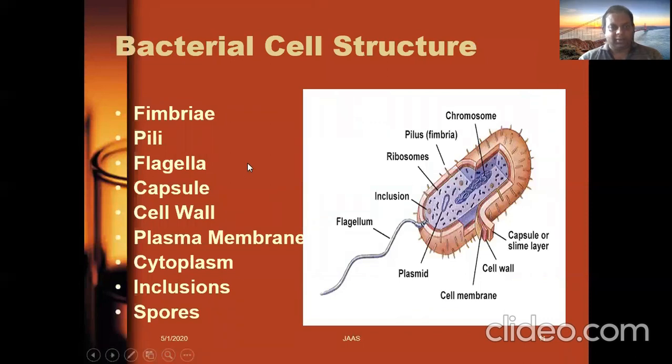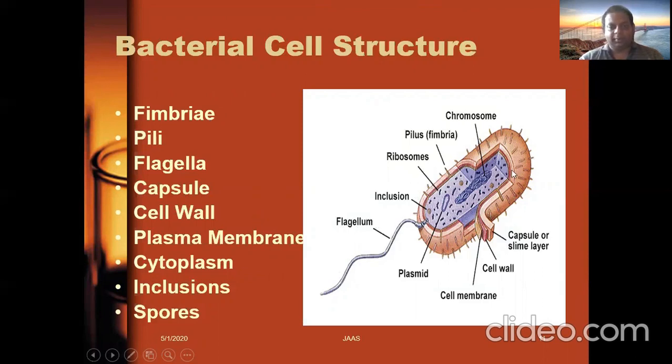Bacterial cell structure. I think now you're familiar with them. From outer to inner, there are fimbriae, pili, and flagella. Then capsules. Not all possess a capsule. And the cell wall. All bacteria have a cell wall except a few.